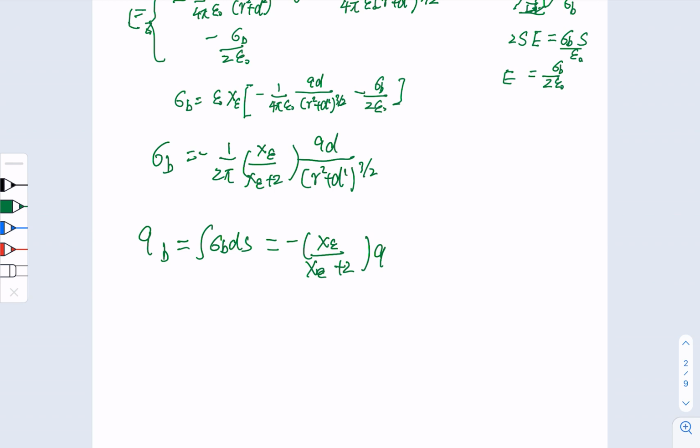Now if we take the limit where this linear susceptibility goes to infinity, we can see that this factor becomes 1. And this is actually the case of a conductor. So this means that a conductor is really similar to a linear dielectric where the dielectric constant is infinite.